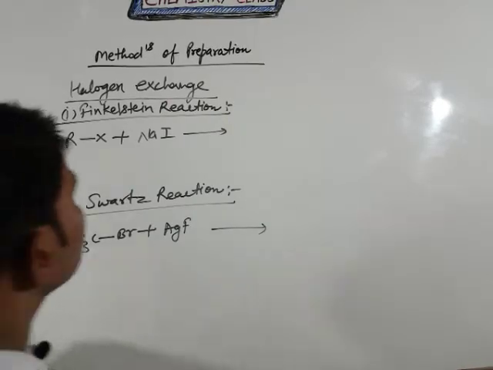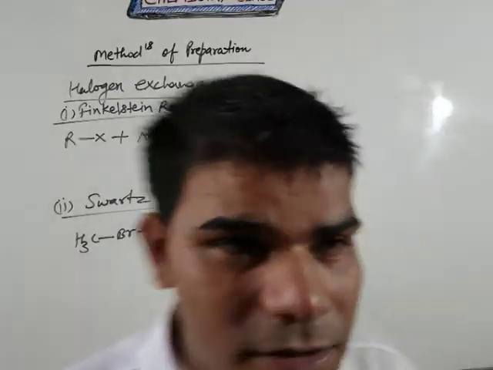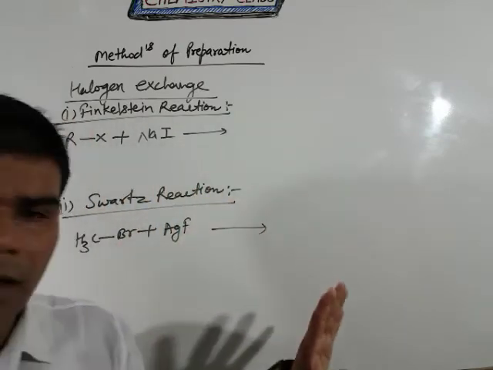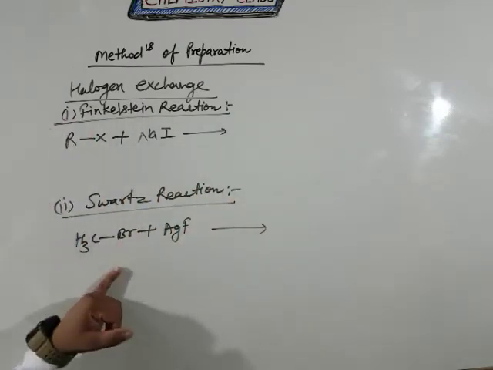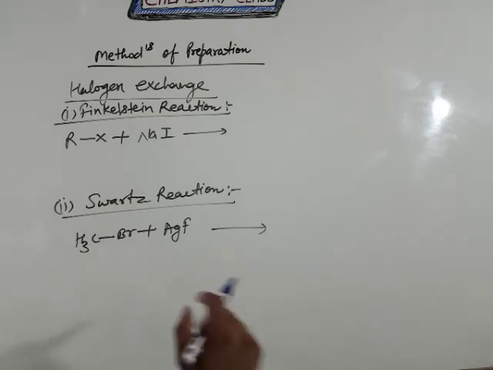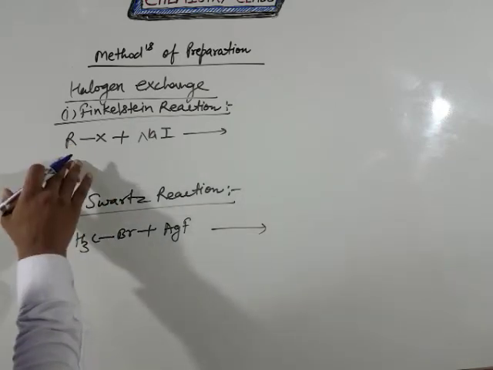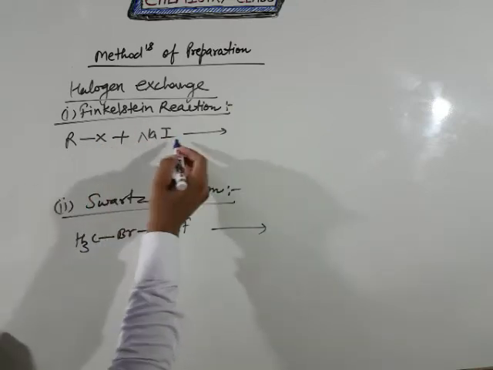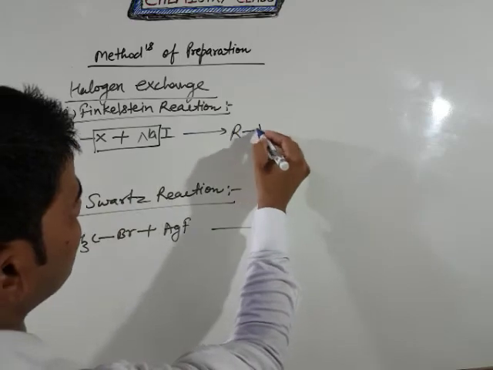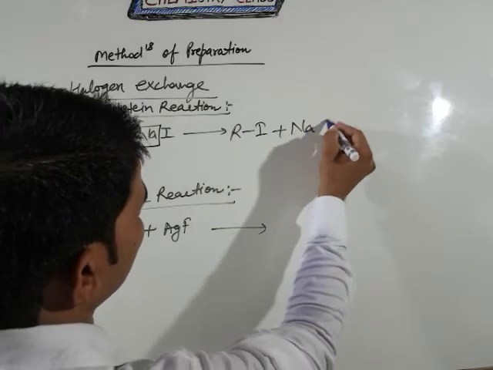Okay students, now come to the last reactions, which are name reactions: the Finkelstein reaction and the Swarts reaction. In the Finkelstein reaction, any type of alkyl halide reacts with sodium iodide. It will give alkyl iodide and sodium halide.